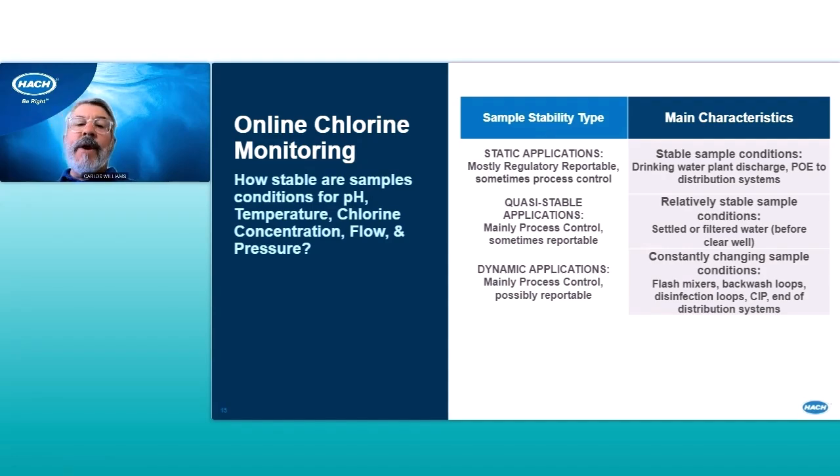The main point of looking at these characteristics for sample stability is the more unstable the sample is, the more often you're going to have to calibrate the amperometric sensor. The colorimetric sensor doesn't really care about how stable the sample is regarding pH, regarding pressure, regarding flow, also whether it gets chlorinated water all the time. That can affect the amperometric sensor as well.